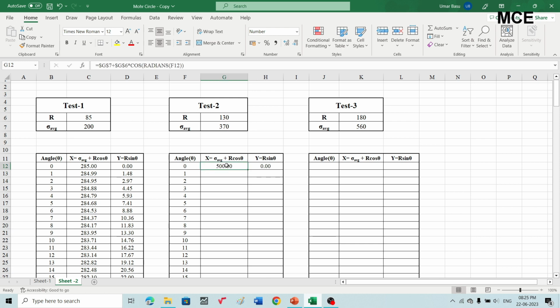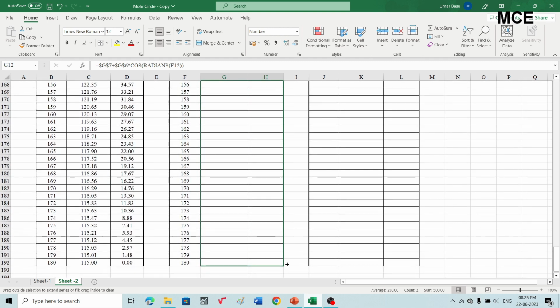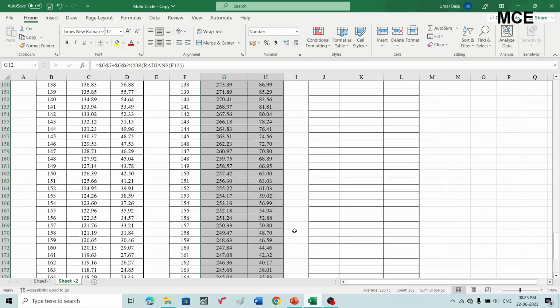Then to get the values for the other angles, select these two and drag it till 180 degrees, and you will get the x and y coordinates for the rest of the angles.